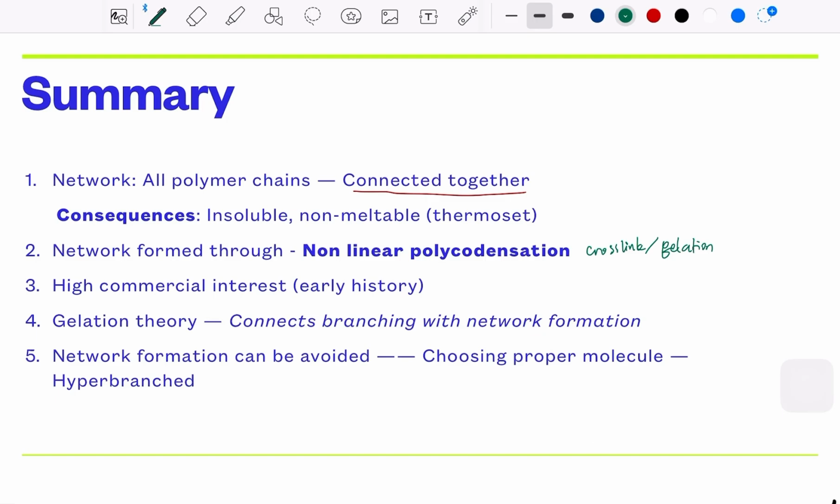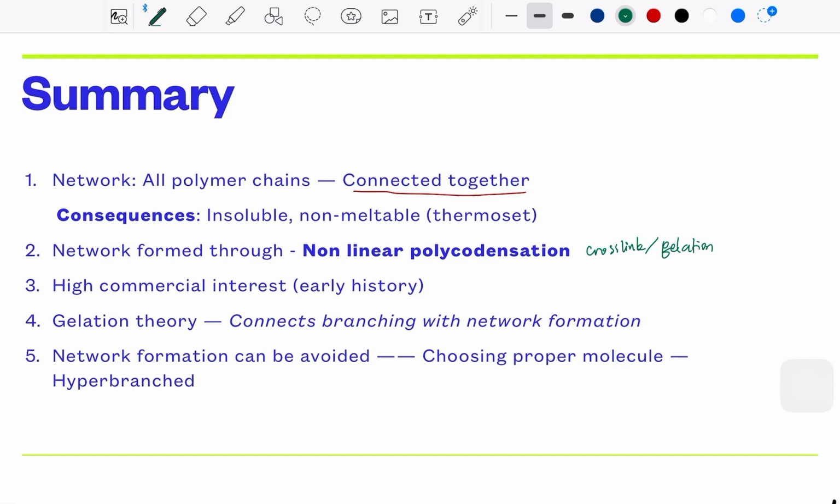And also from gelation theory, we know that the functional group will be very important. Okay? If you have more than two functional groups in the backbone, then that is the requirement to make the network formation.